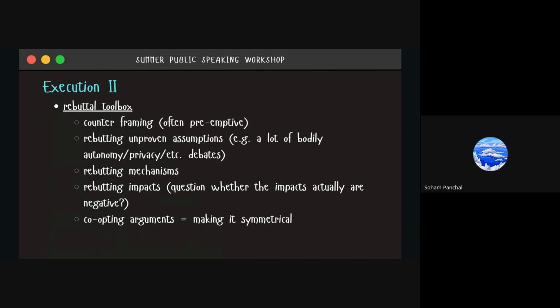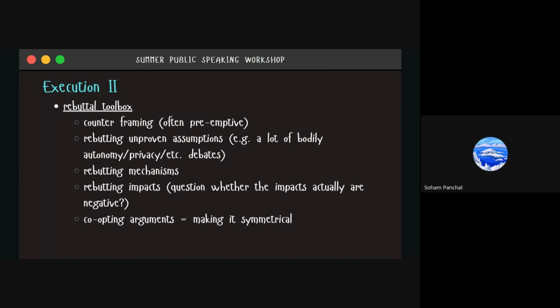Now, the second way you could make your rebuttals, like a rebuttal toolbox you could consider, just a fun name given to that. One could be that you counter frame it, like as I said, it is used in preemptive rebuttals. You say that the opposition case is this, but this does not stand because of this.